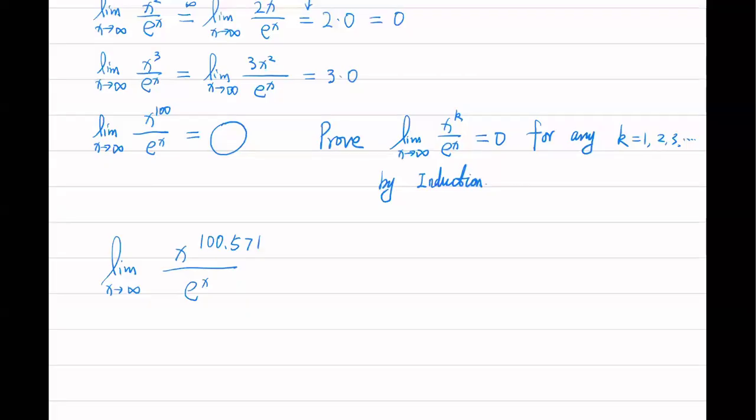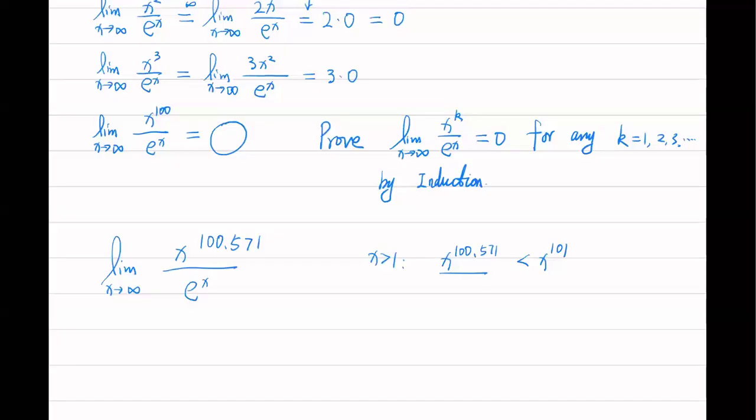So here, if we apply the derivative, it will not reach 0 because of these decimal places, but this one can use the squeeze theorem. When x is bigger than 1, it is less than x to the next integer.